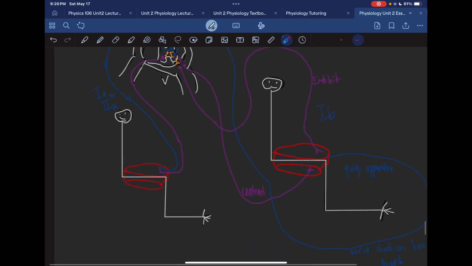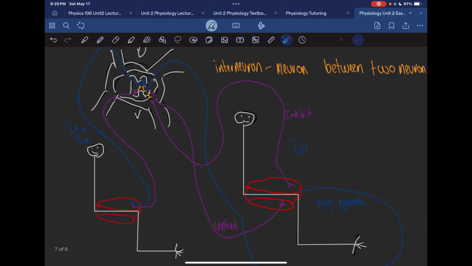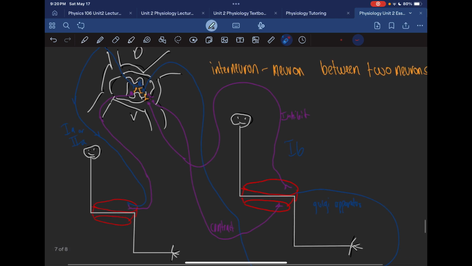And here, with our neurons, we have interneurons, which are neurons between two neurons, and they are going to communicate, like for example here, to inhibit or sometimes to excite certain muscles. So they just help that information get moved along. That is our video.